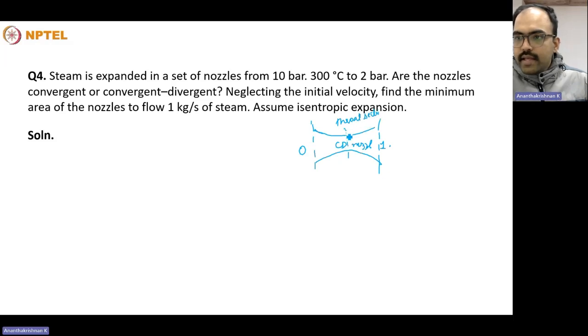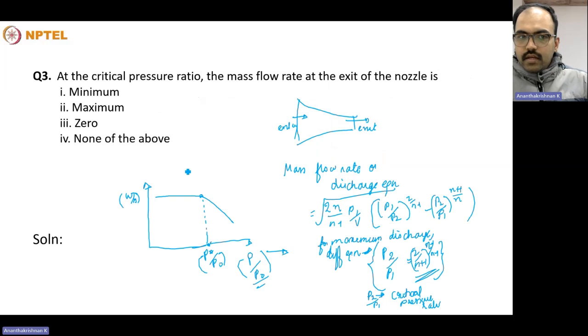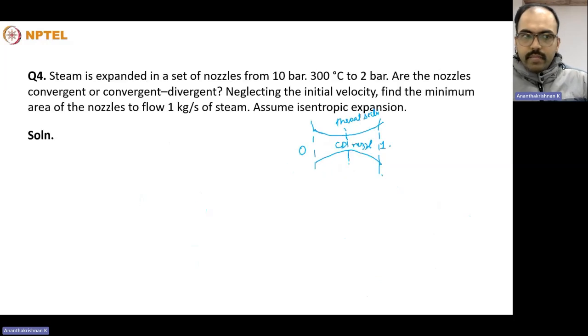If it is a convergent divergent section acting as a nozzle, then the exit velocity will be higher than that of the incoming velocity. So that's a straightforward thing. What we try to do is tackle this problem in a straightforward manner.